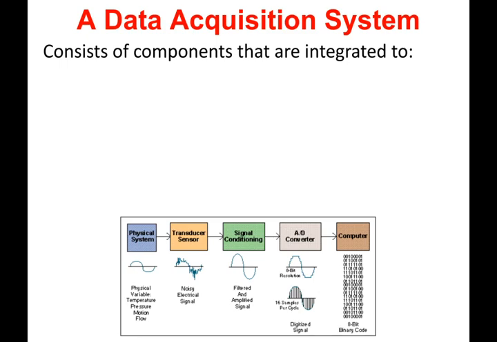The next step is to talk about data acquisition systems and in general data acquisition and the importance of it for experimental analysis. Okay, so data acquisition systems usually consist of different components that can be integrated.